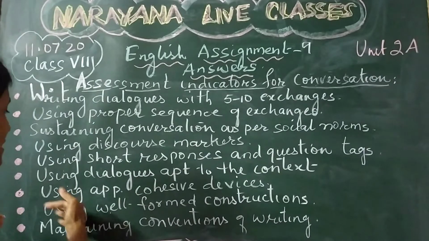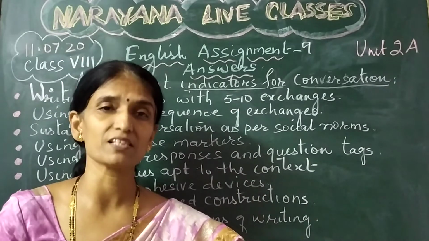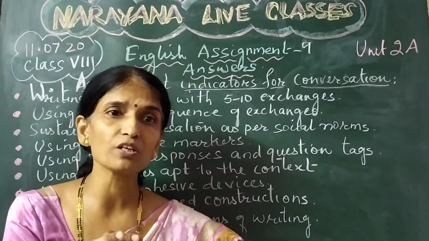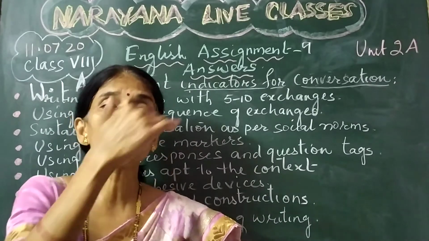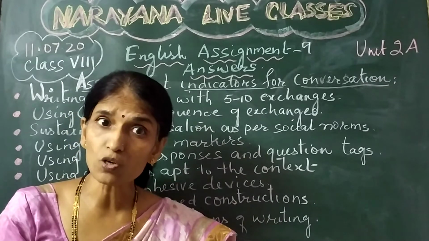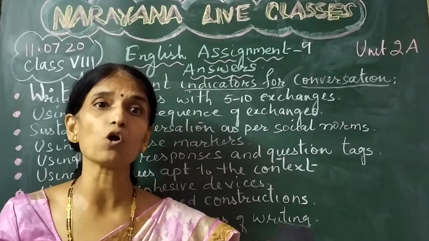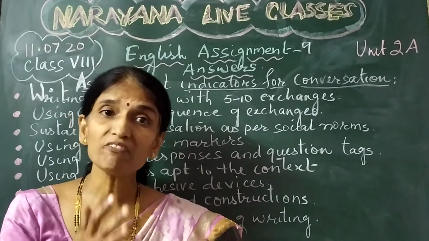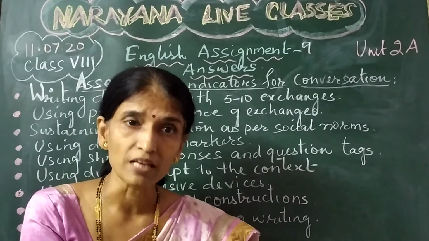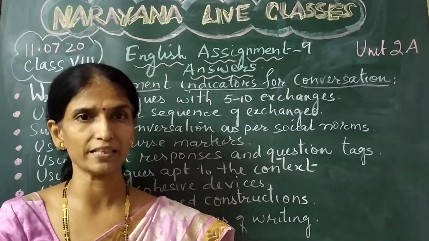Then the next indicator is using appropriate cohesive devices. Cohesion means oneness. We use different exchanges of dialogues. These dialogues are sequential. We cannot write discrete dialogues and call it one discourse. When we call it a single discourse, that cohesion, that oneness should be shown in our writing.